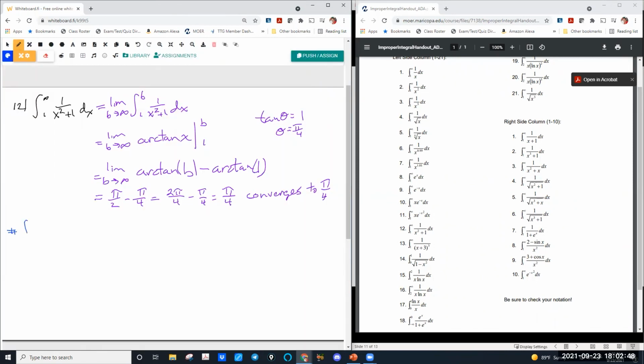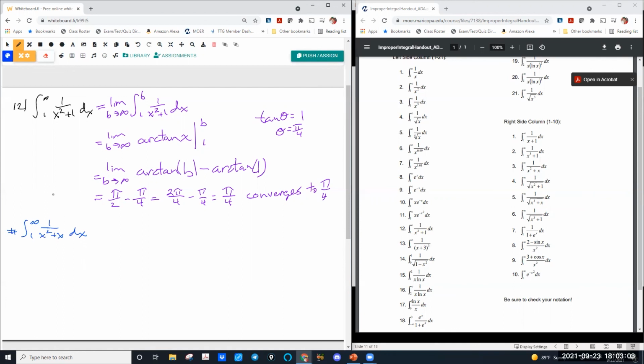And what we want to see is if we can show that the integral from 1 to infinity of 1 over x squared plus x dx. If we're going to compare to this one, we want to show convergence.